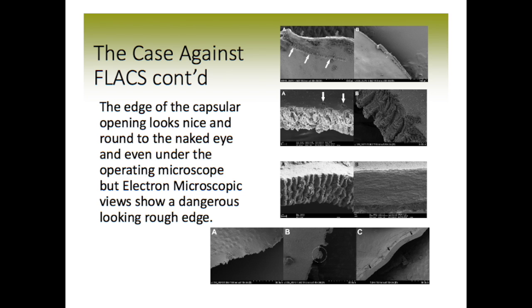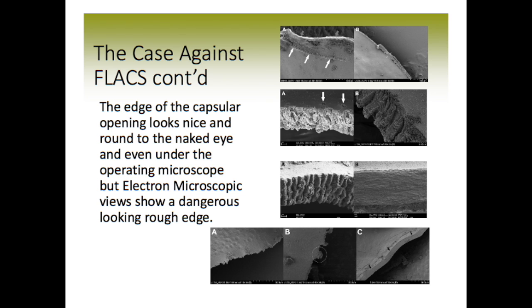One very alarming aspect to the FLACS technique is illustrated by these electron microscopic views of the edge of the capsular opening that was torn, that they say is so much rounder and centered. And that edge looks nice and looks round, like we showed you, to the naked eye, and even under the operating microscope to the surgeon.